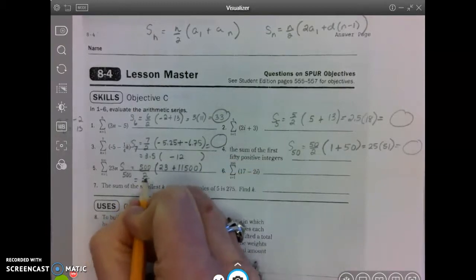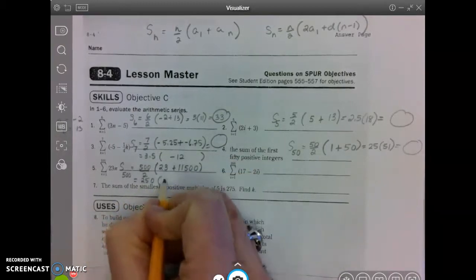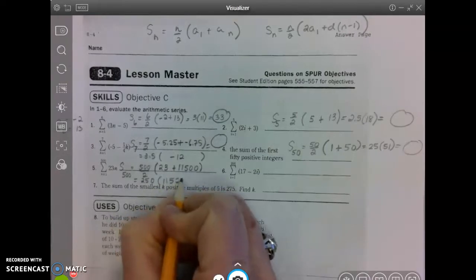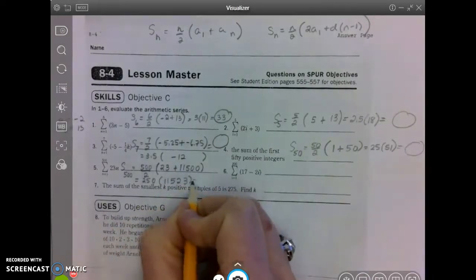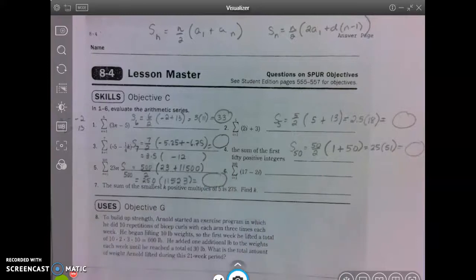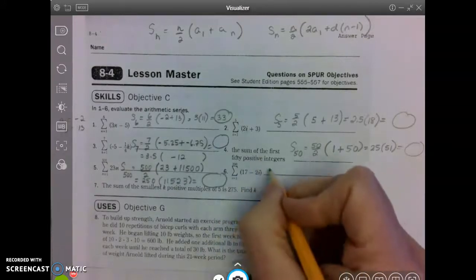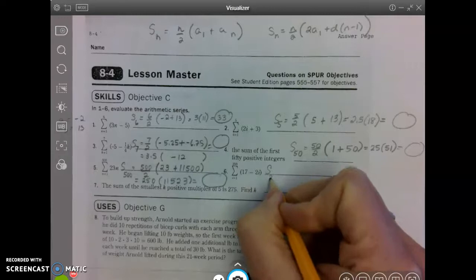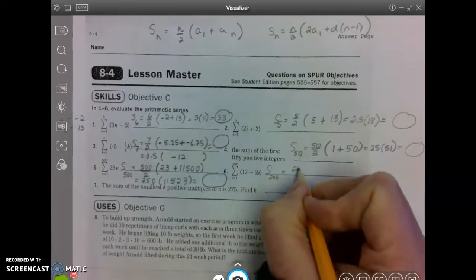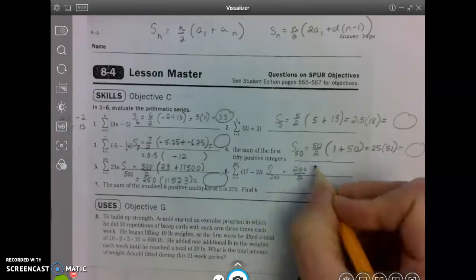So I end up with 250 times 11,523. I'll put that in my calculator and I'll get my final answer. Okay, let's go to number 6. The first 200 terms. All right, so s sub 200 is 200 divided by 2.